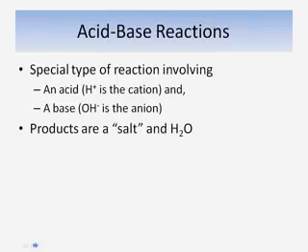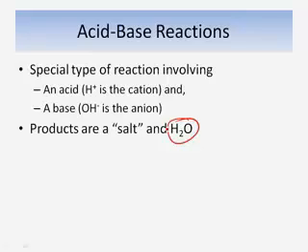So that's why we kind of single these out. We're not getting precipitates to remove anything from solution. However, we are forming a molecular compound, which is the water, which, making that molecule, is removing the hydrogen ions and the hydroxide ions out of solution. And so that is a chemical reaction. We are making something that we didn't have before.